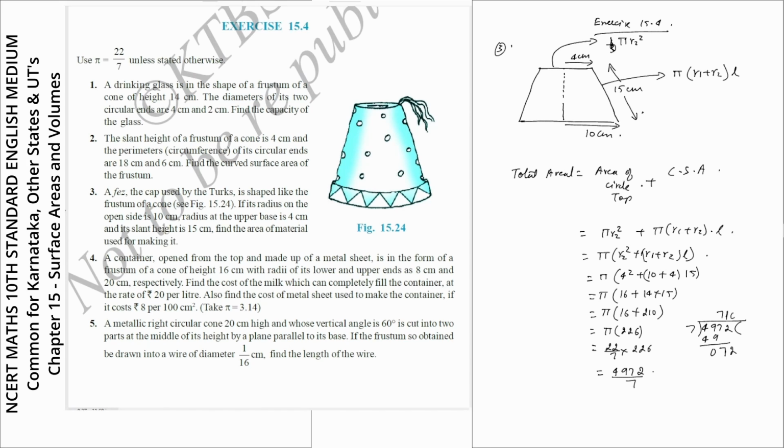Then 7 tens are 70. So I'll get 2 remainder. So it is 710, remainder is 2, divisor is 7. So 710 and 2 by 7 centimeter square is the total area.